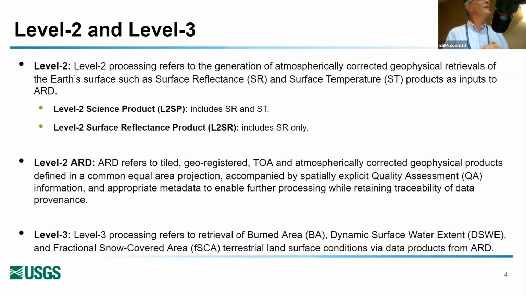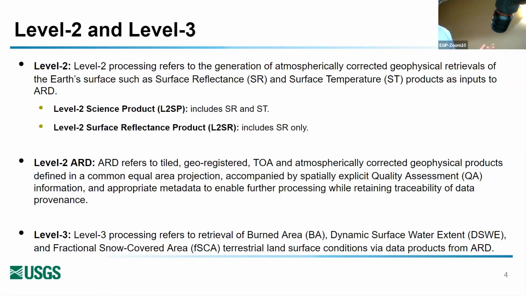Now we also have this sort of tweener thing, which is level 2 analysis ready data. Whereas the scene-based level 1 and level 2 products are all in UTM unless they're in polar stereographic, level 2 ARD is really more like a MODIS-like equal area, tiled spatial presentation of the data.